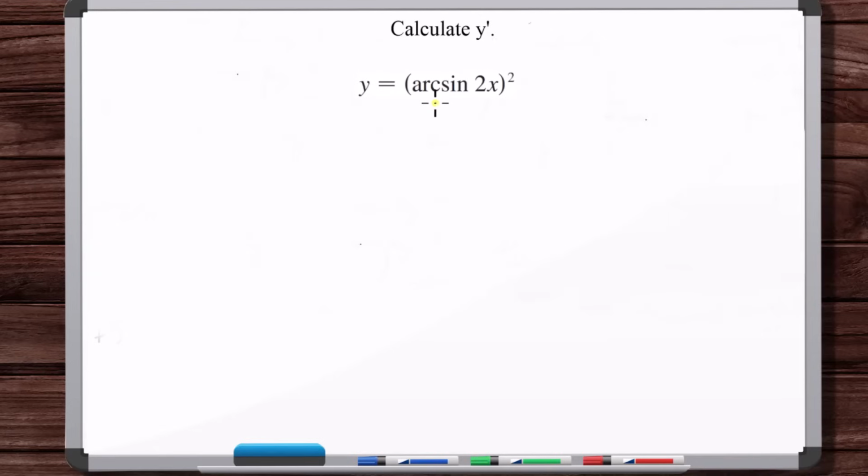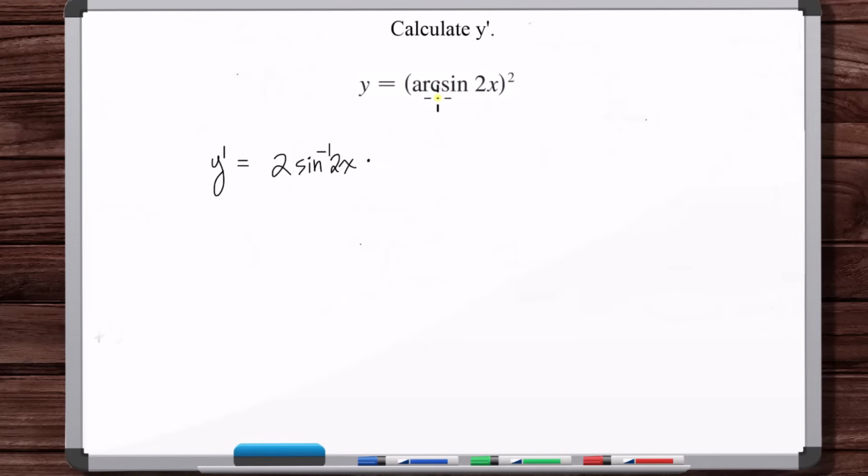Okay, chain rule. What's the outermost function here? It's something squared. Okay, so power rule. What is the derivative of something squared? It's 2 times that something times the derivative of that something.